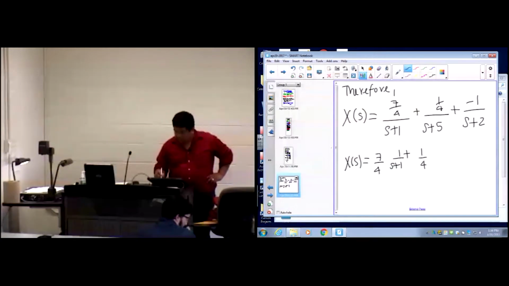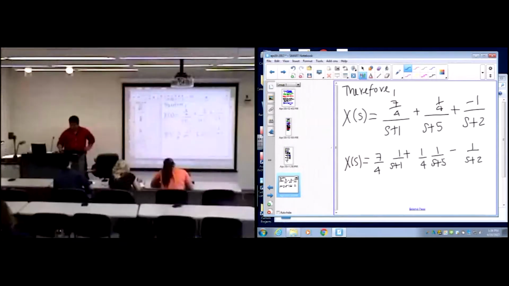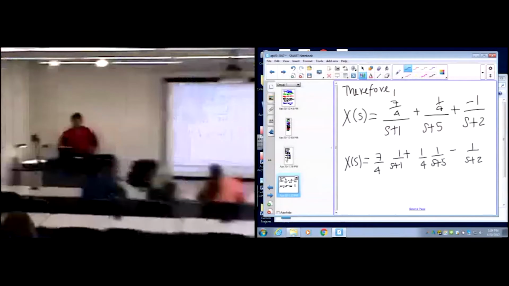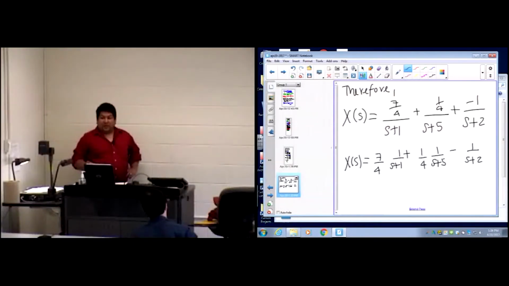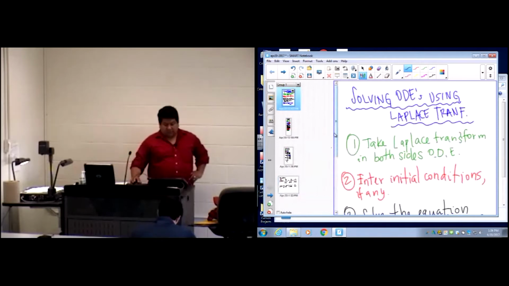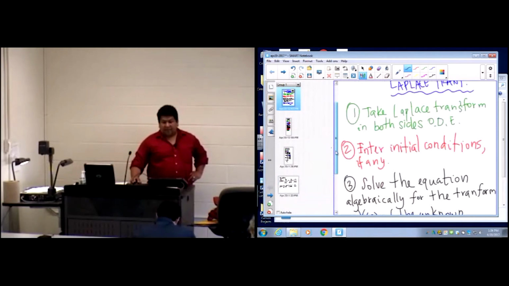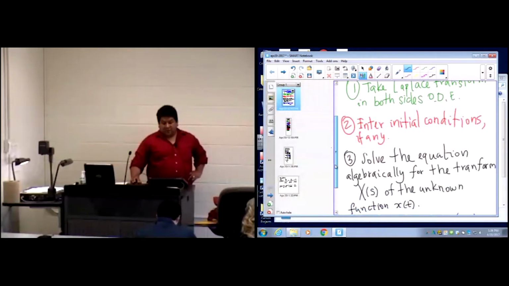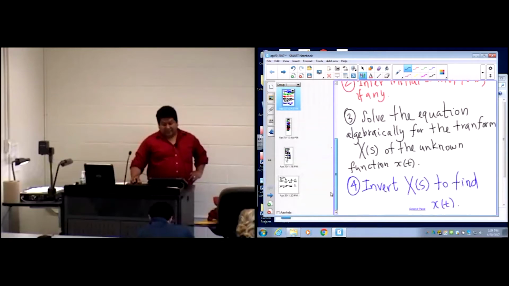So what we would like to do next is the last step on that recipe. You've worked with step 1, take the Laplace transform. Step 2, use initial conditions. Step 3, solve for big X. That part of solving for big X and then using partial fractions was the most involved here. Step 4, take the inverse Laplace transform.